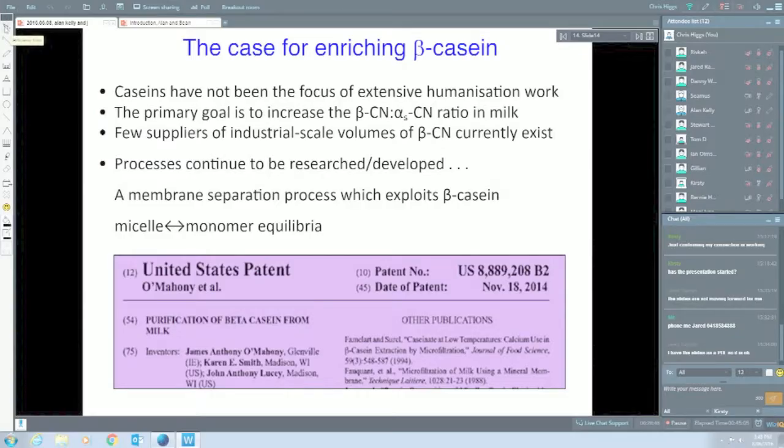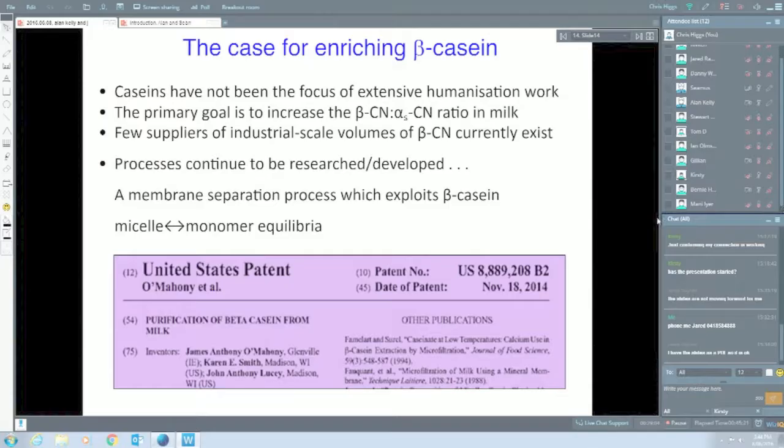So it's purely a physical size based separation, having exploited the chemistry of the proteins and the ability of the proteins to associate just using differences in temperature. And you can see a reference at the bottom of the slide there to the process that we've patented in recent years as well, and we'll say a bit more about that later.